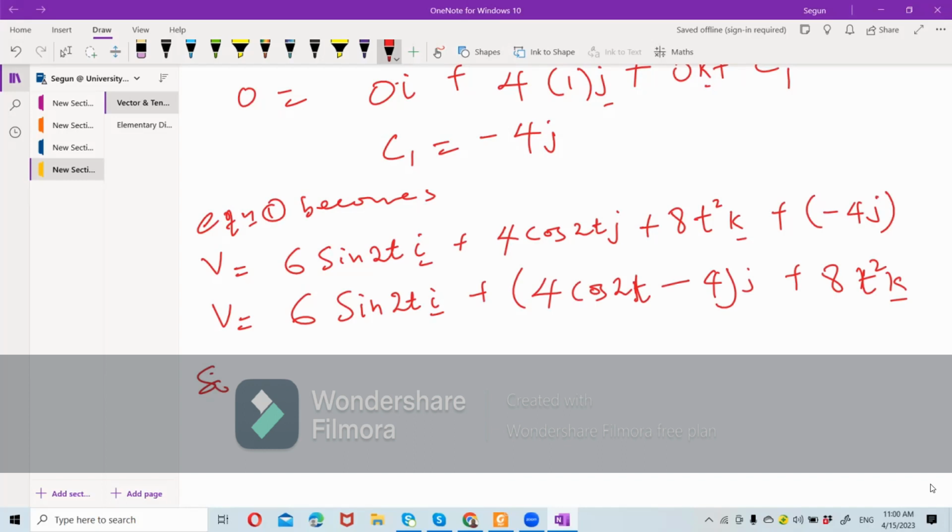So we can now go ahead, so that our dr over dt will now be equals to 6 sine 2t i plus 4 cos 2t minus 4 j plus 8t squared k.